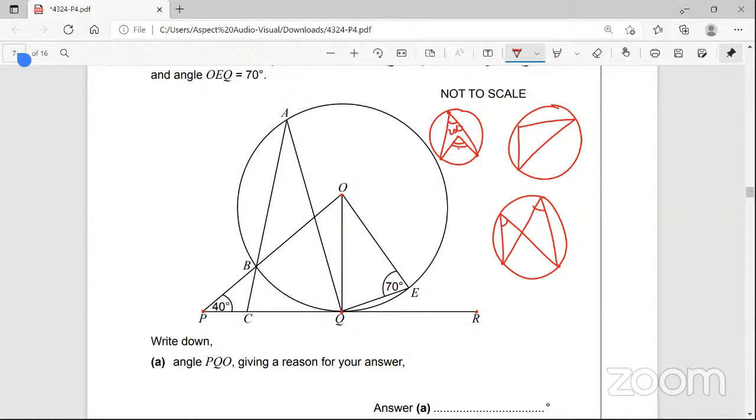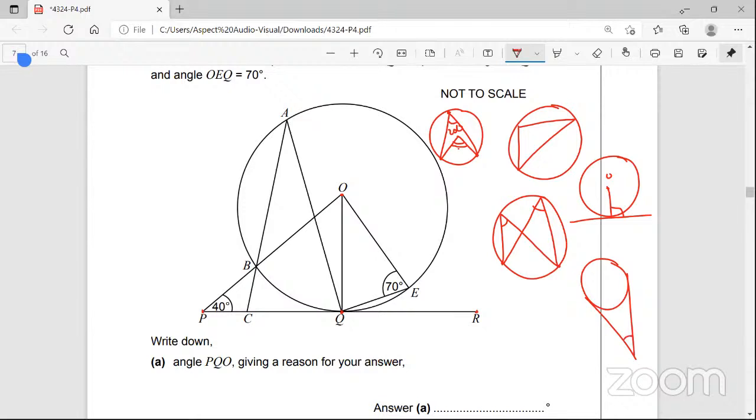Okay, good. And then if I have my circle, and then I have my tangent line, and then I have my center O, and then I have the radius. What can I say about this angle? If I have my circle, and then I have 2 tangent lines, and then I have an angle here.